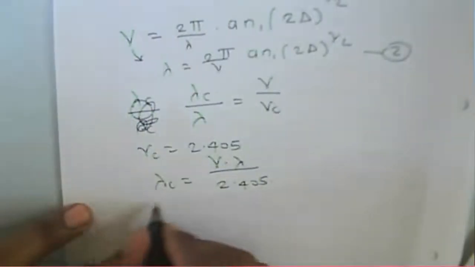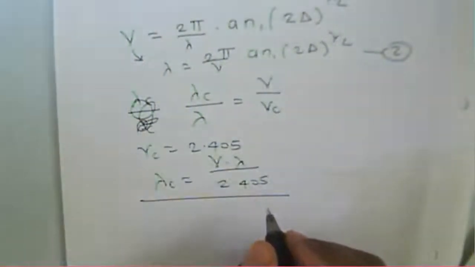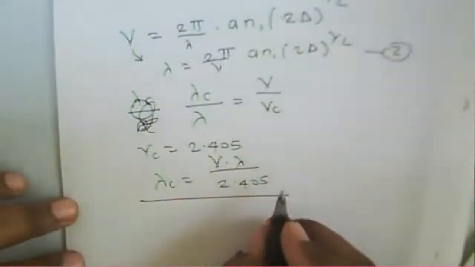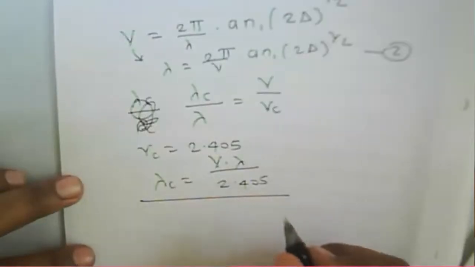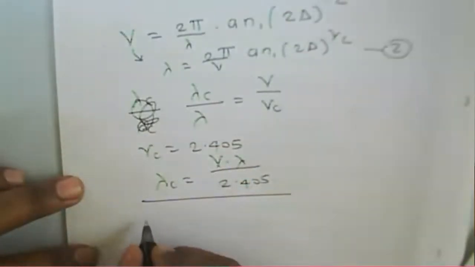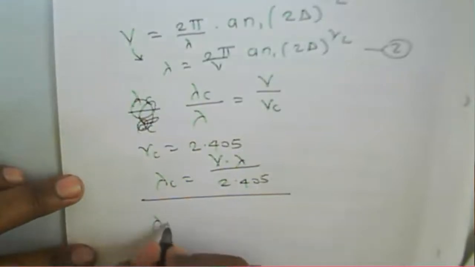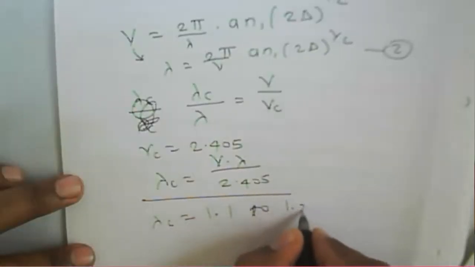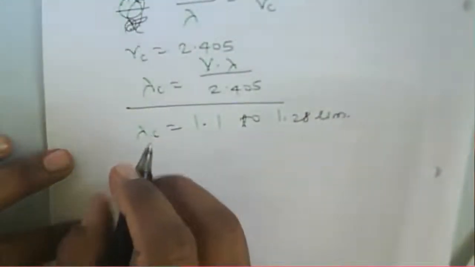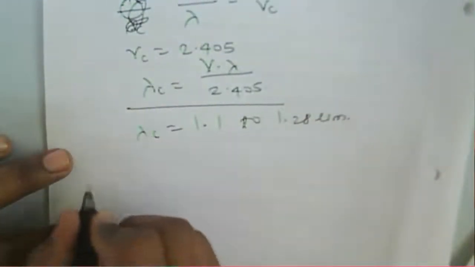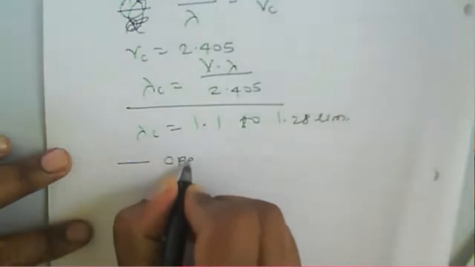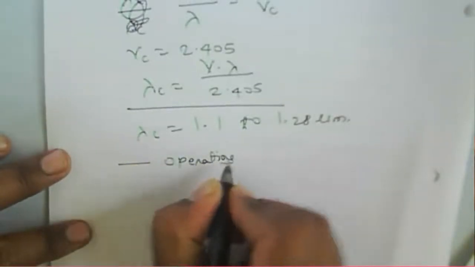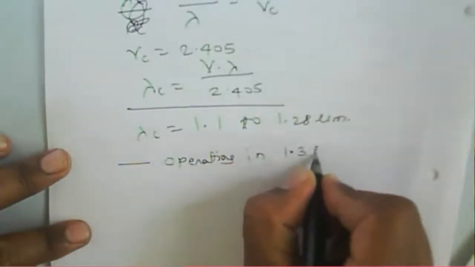So we can calculate the operating wavelength of a given particular fiber using this equation. Generally this wavelength is 1.1 to 1.28 micrometer. Or we can say that a single mode fiber generally operates at a wavelength of 1.3 micrometer.